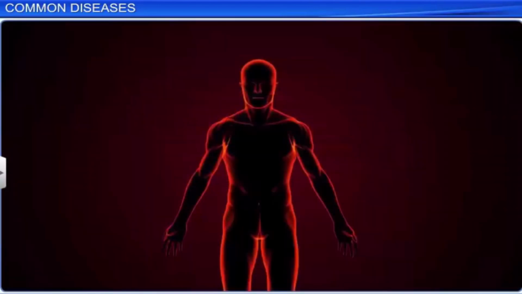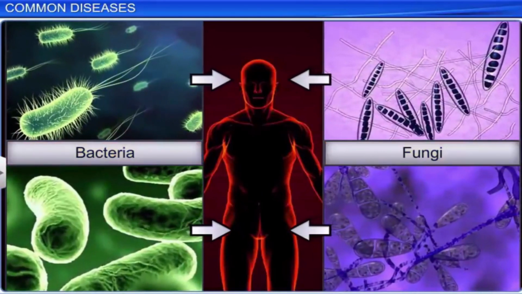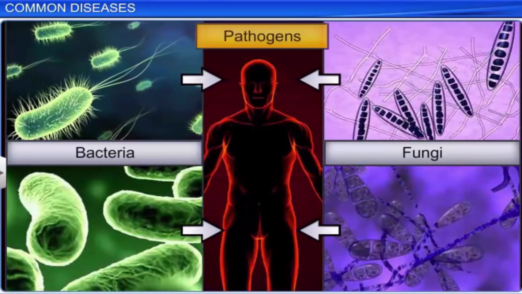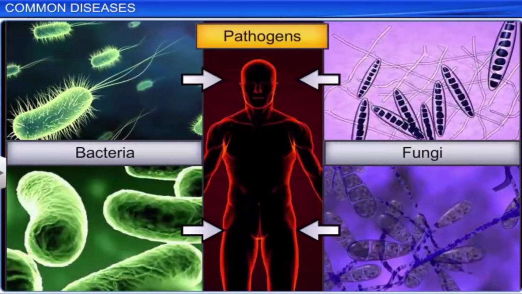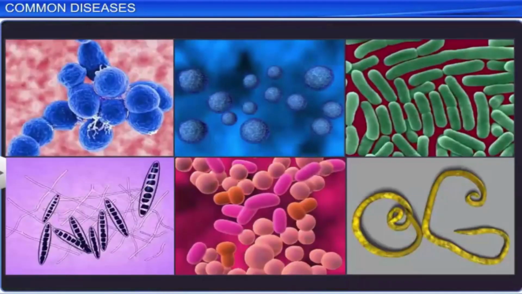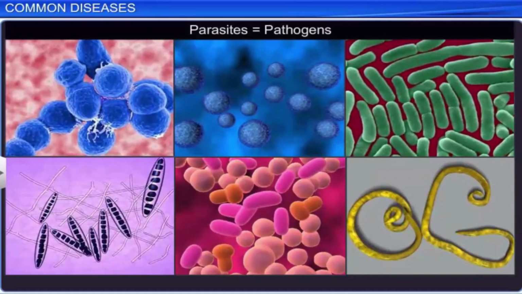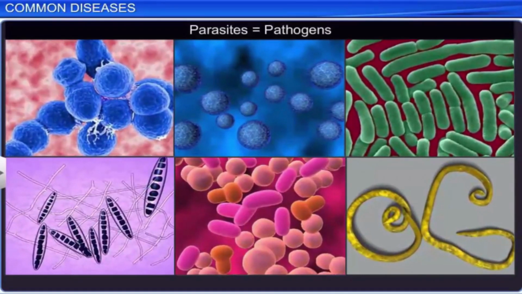Diseases can be caused by a variety of organisms such as bacteria or fungi. All disease-causing organisms are called pathogens. By that definition, all parasites are pathogens since they harm their host by living off them.